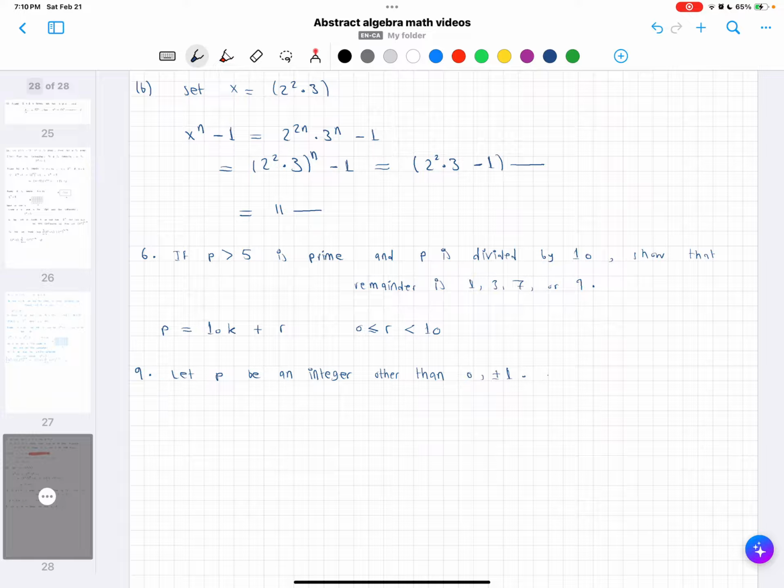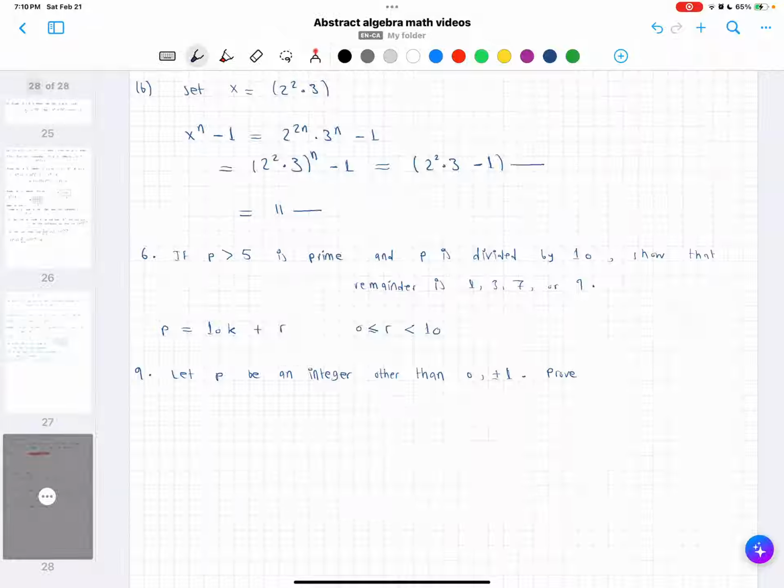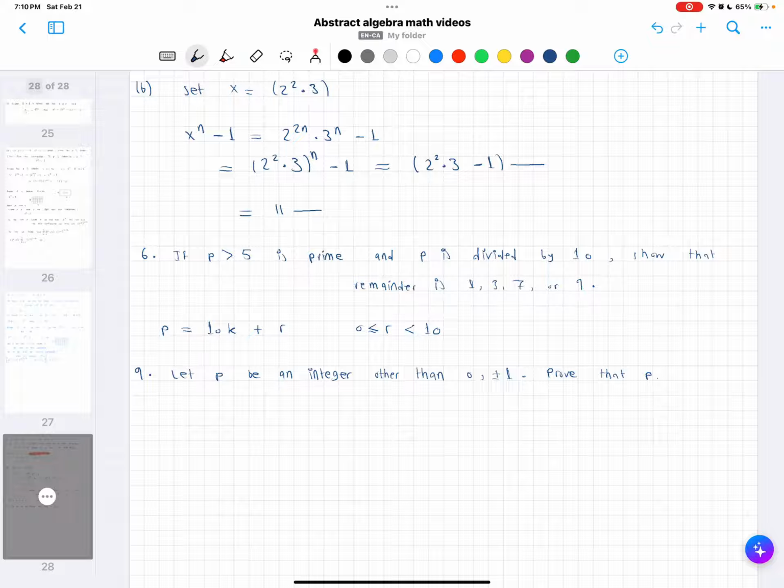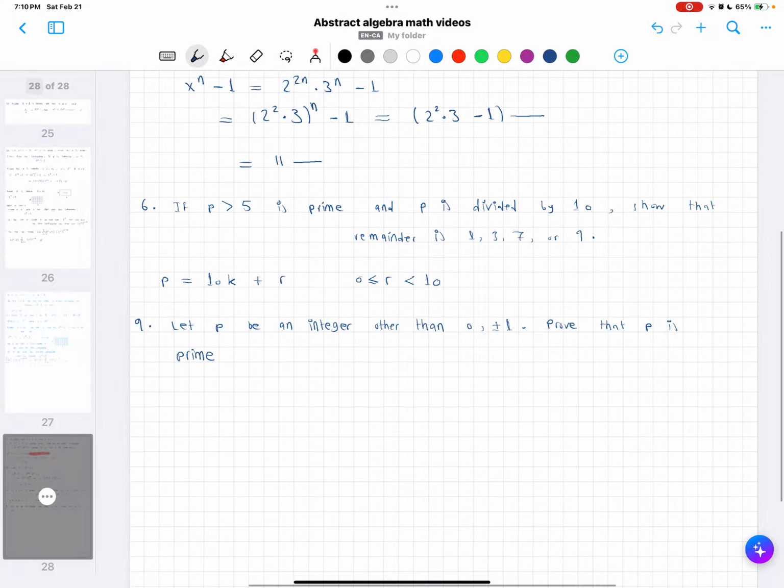Prove that P is prime if and only if it has the following property.